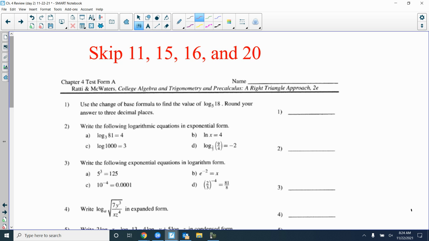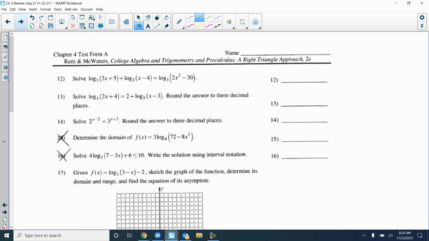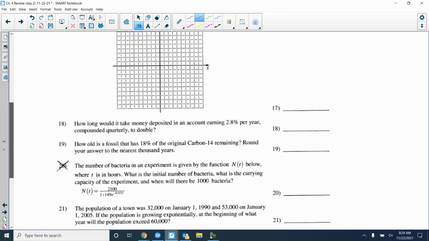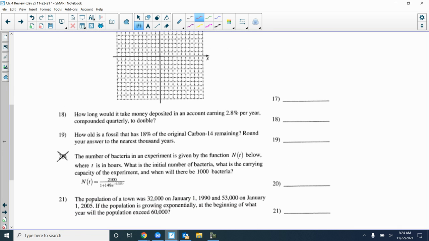Oh, I do need to tell you one thing. Almost forgot. For number 8, 19, they do a problem in the book, so they're assuming you know this, but I'm going to have to tell you the half-life of carbon-14 is 5,700 years. So you can't do that one without that.